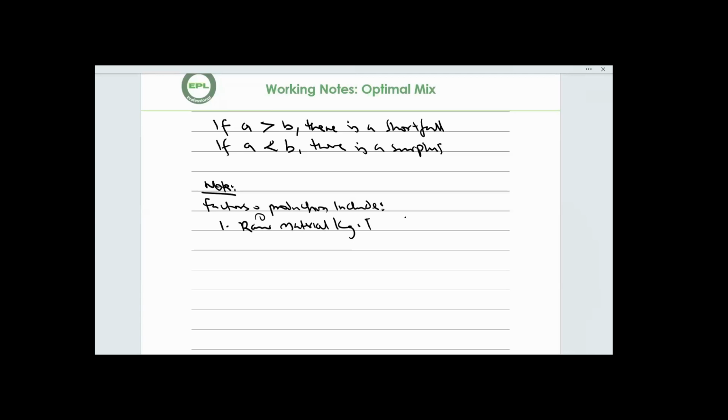Because oftentimes material cost will be given to you, not kilogram. If material cost is given, it should be converted to material kilogram as follows.